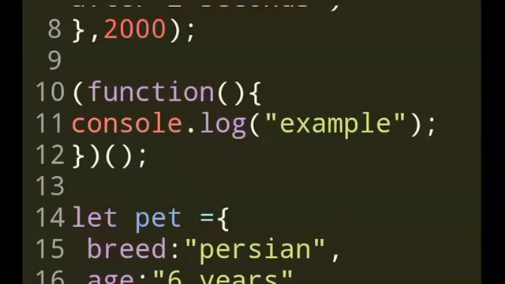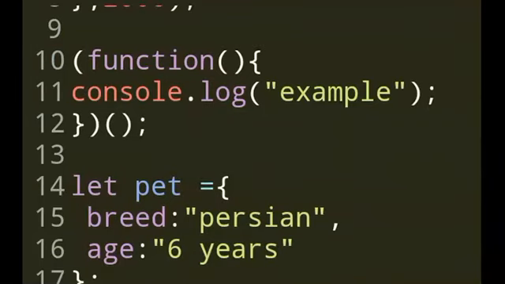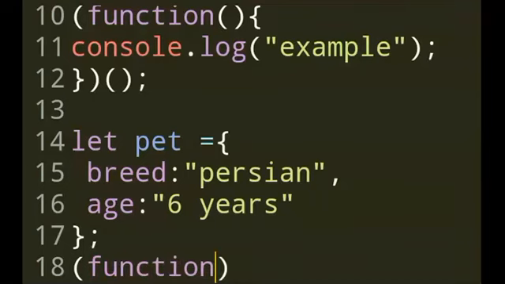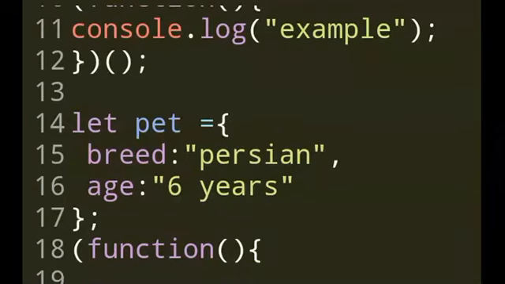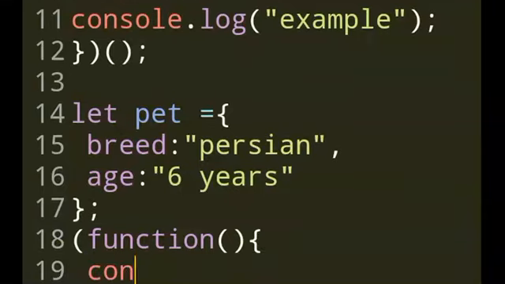Okay. Now I go down. I write my immediately invoked anonymous function. Console.log.